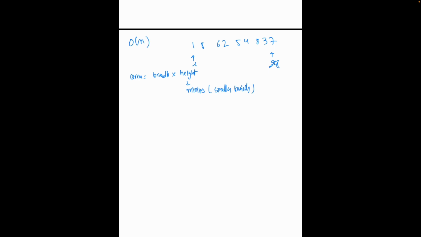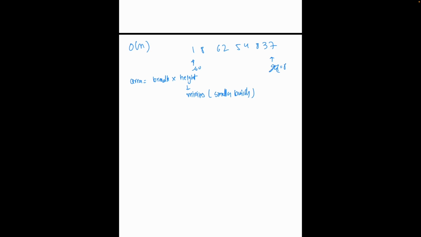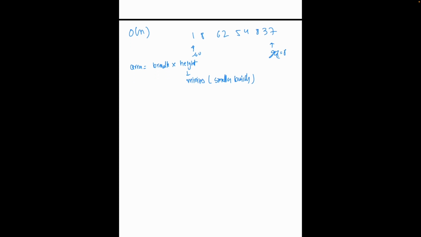Let's say if we want to calculate the area between L equals 0 and R equals 8, then doesn't matter what the width is, height we cannot go more than 1. So if you think about it, height is always decided by the smaller of the two buildings, while breadth is just decided by the width, or the indexes of the two buildings.